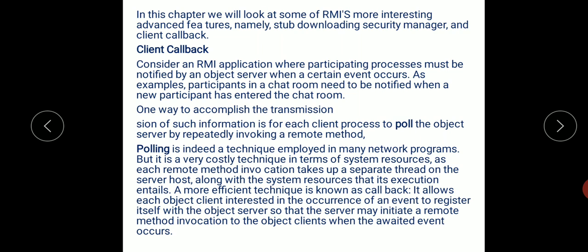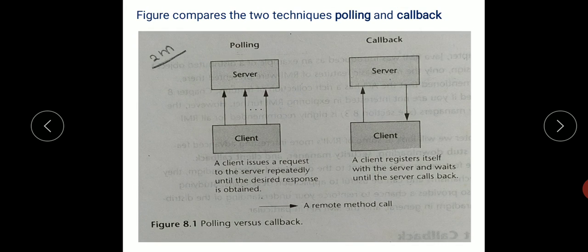So polling is a very costly technique. Let us see polling and callback. In this first one, this is polling. A client issues a request to the server repeatedly until the desired response is obtained. Some event occurs in the server, and to learn of that event, the client will repeatedly send a method call.